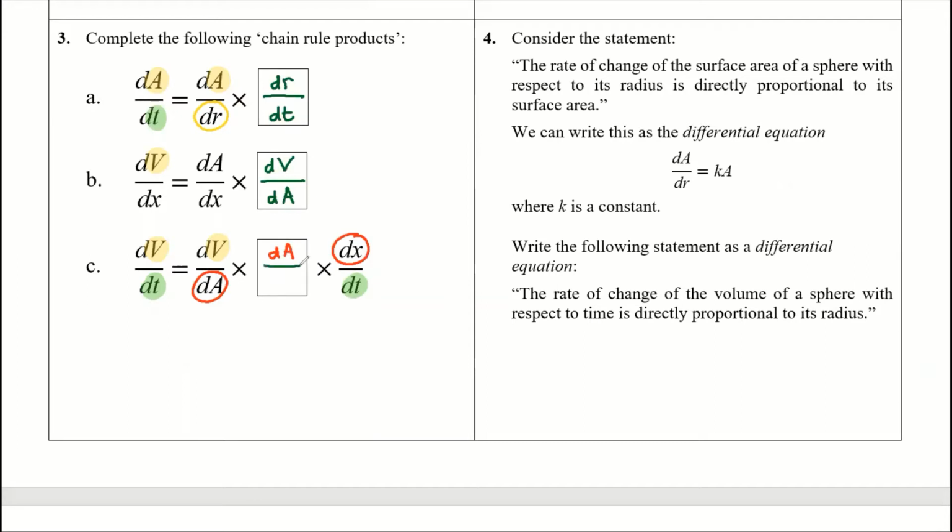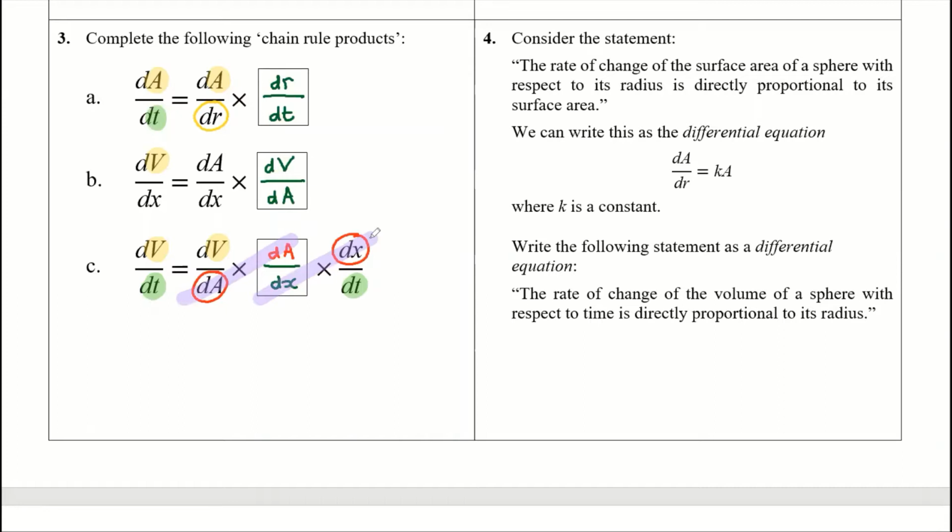And to cancel out the dx in the numerator, I have to have a dx in the denominator. And you can see now, hopefully, that we have the cancellation diagonally here, and I'm left with the dv by dt. So they're little puzzles, essentially, when you're setting up these chain rule products.